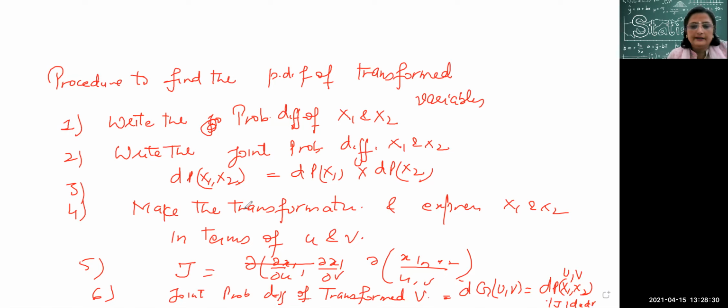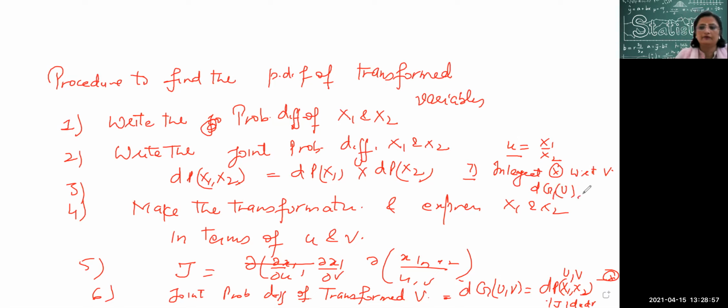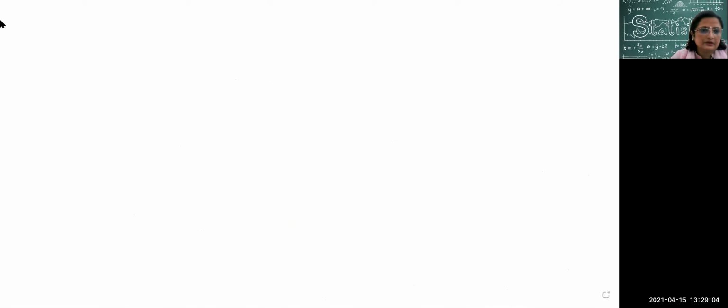So in order to find the PDF of the transformed variables, if you express u as x1 by x2, then the next step will be, in order to derive the PDF of u from the joint, you will integrate this, let it be star, integrate star with respect to v. So whatever you will get is the probability differential of u. So this is a procedure. So according to this procedure, we will prove the theorem.